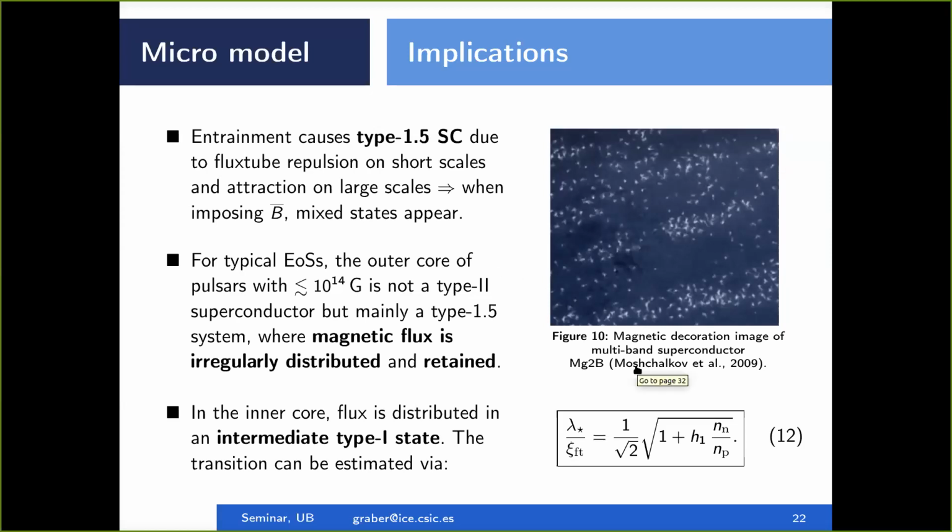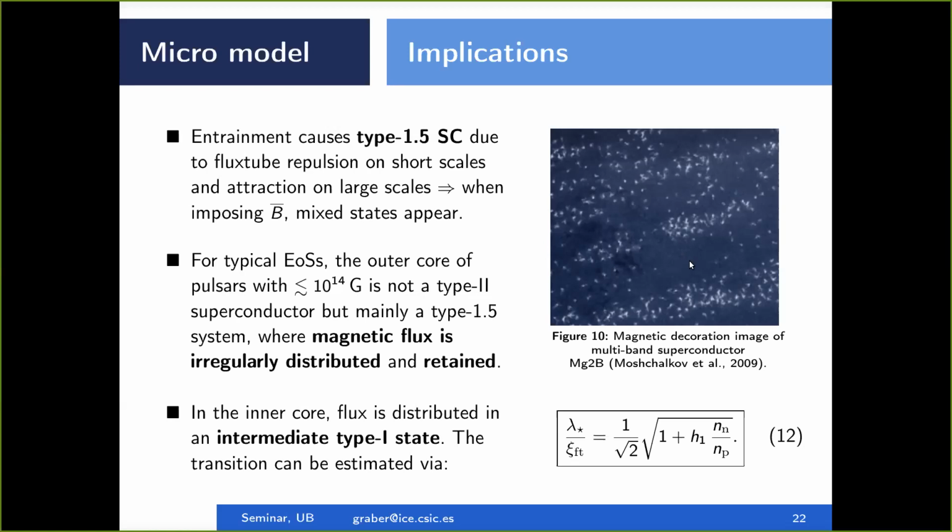These are typically referred to as multi-band superconductors, and you can see an example here on the right-hand side. So you have bits where there is a flux tube array, and then there is normal, non-superconducting matter here. So these are also lamella type structures, but the flux carrying part is a flux tube lattice.